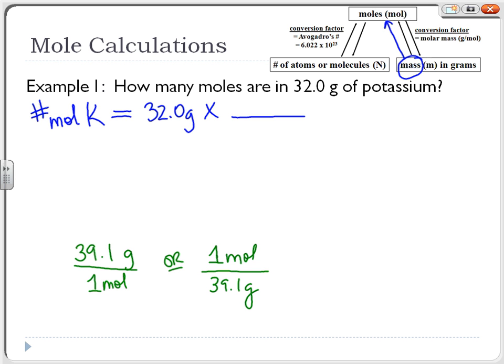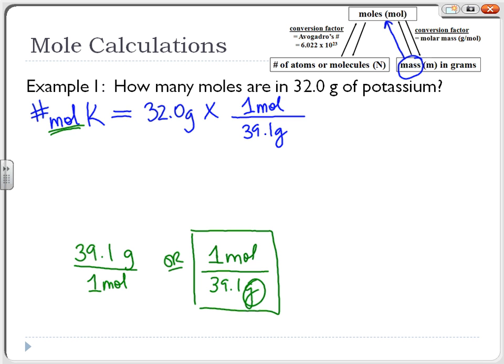Those are my two options for conversion factors. In this case, I want to use this one, because I want grams on the bottom so that it cancels out, and moles on the top of my fraction because that's the unit I want to keep. So I will write 1 mole over 39.1 grams.